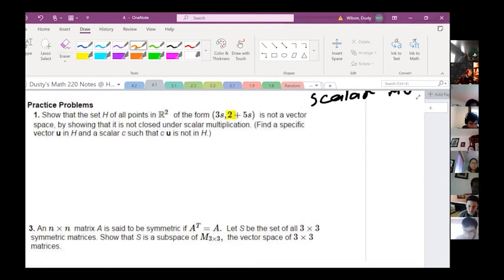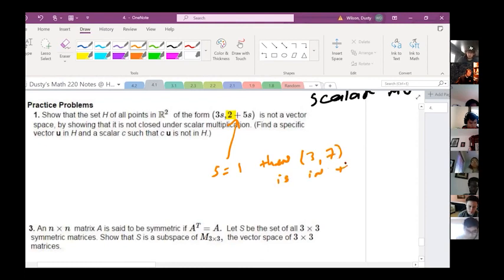But you could imagine that if s was equal to 1, then you'd have 3 comma 7 is in the space. Then suppose we chose a scalar, maybe 2.